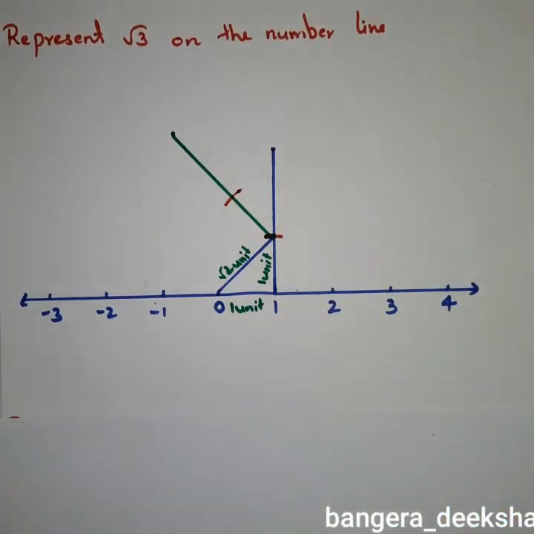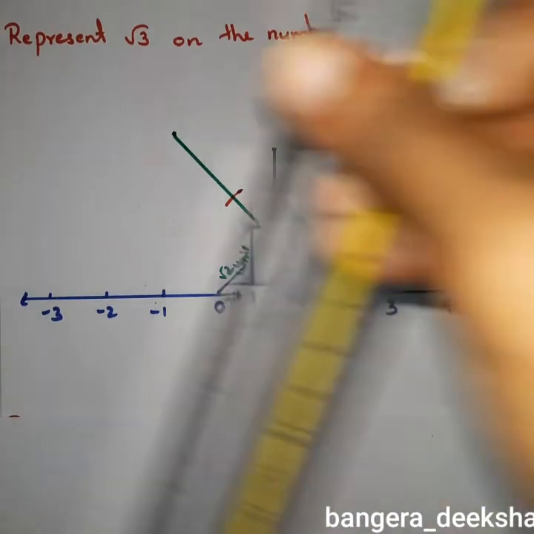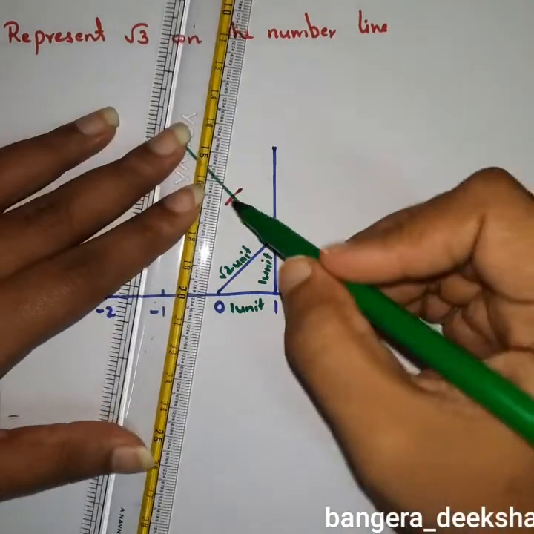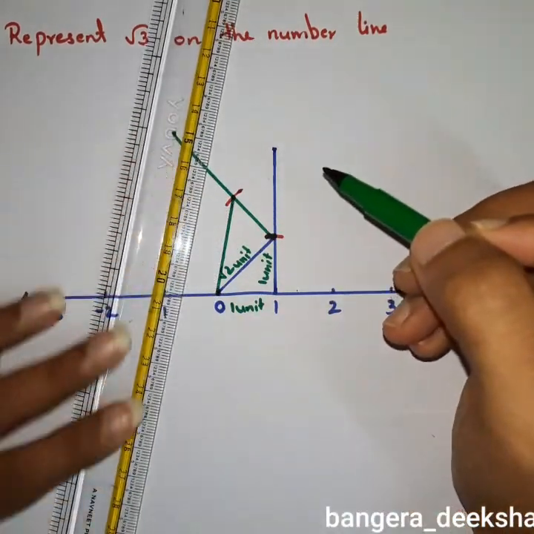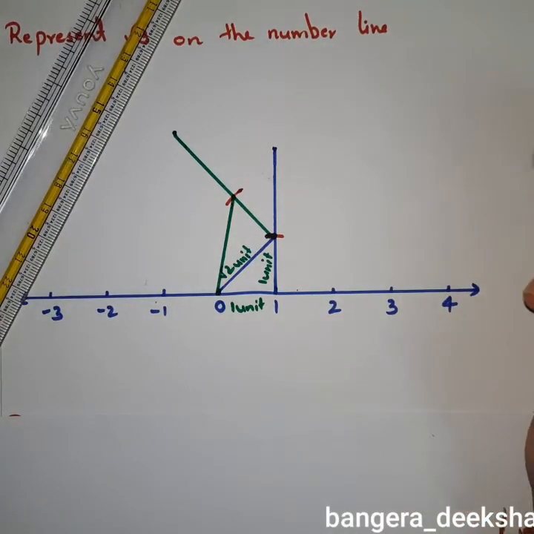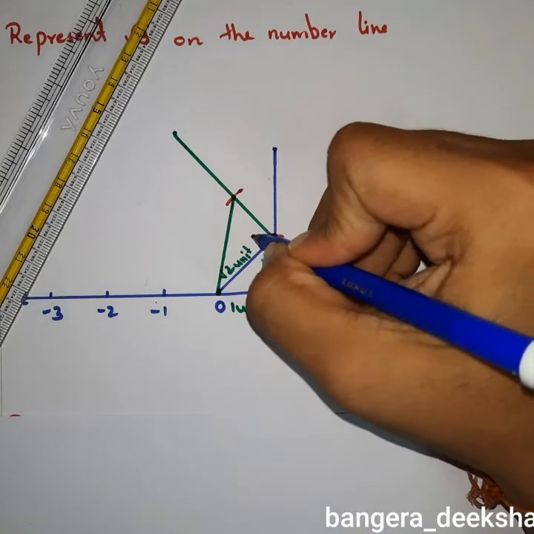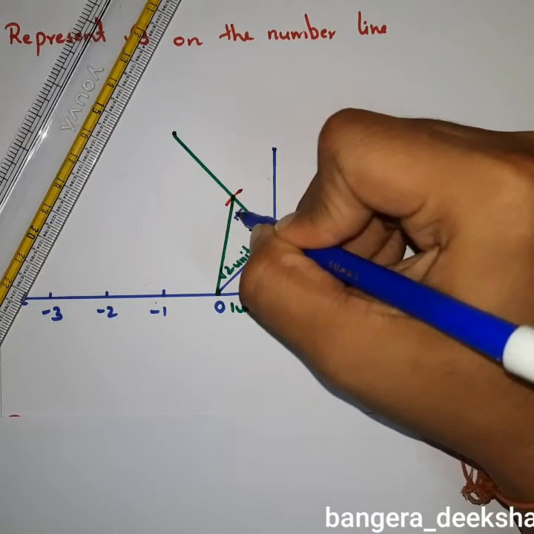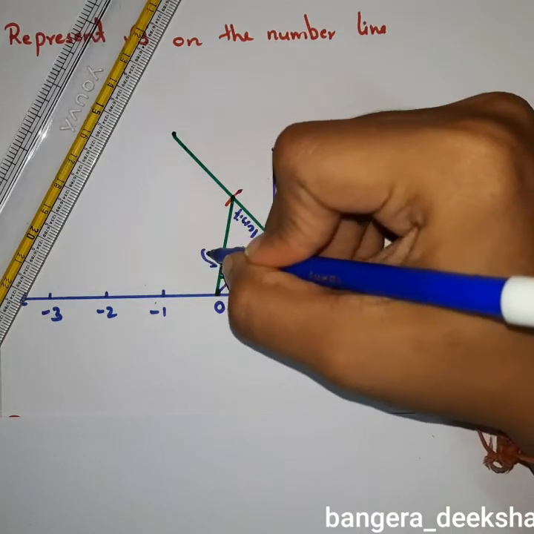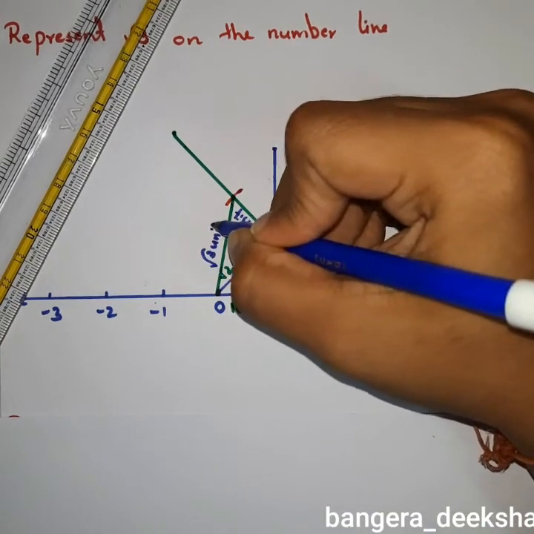Now join 0 and the arc. When you join 0 and the arc, you will get your root 3. So this is root 2 units, this is 1 unit, and this is root 3 unit.